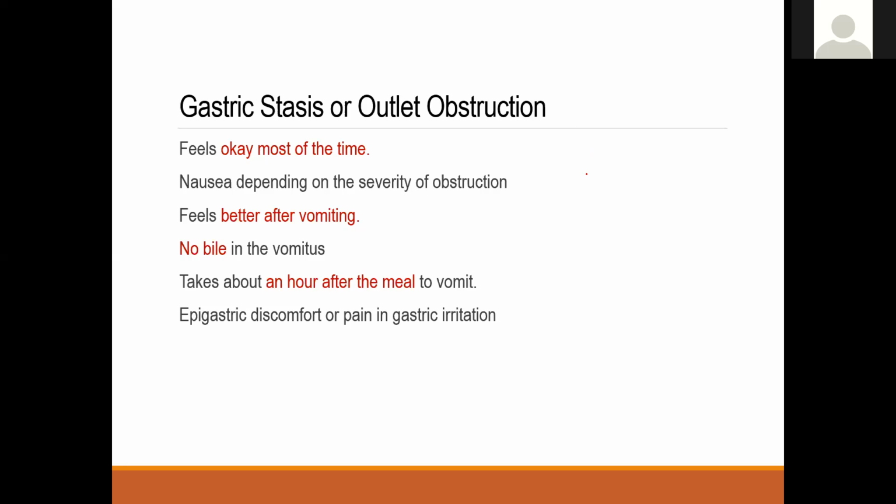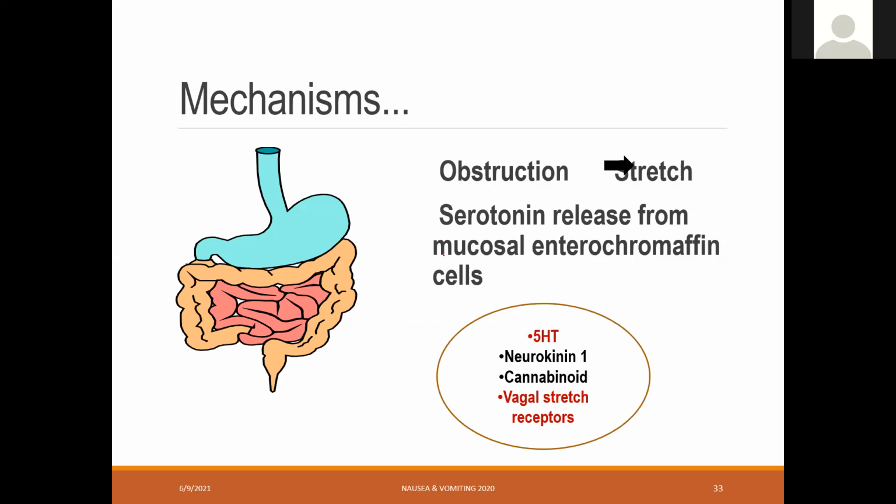Sometimes people will tell you that I feel much better after vomiting. And sometimes they may tell you it takes at least an hour after the meal to vomit. Usually they will say epigastric pain or discomfort. I'm rushing through this because we have a detailed session on bowel obstruction next week.